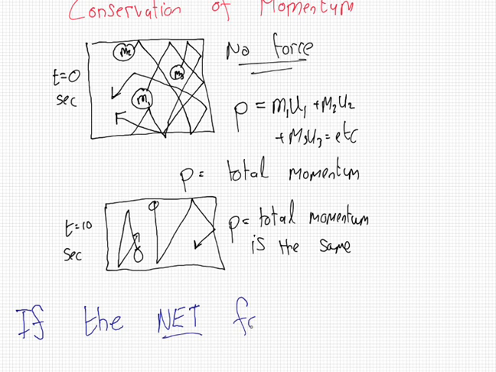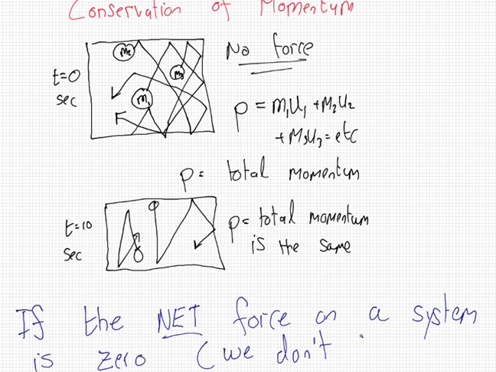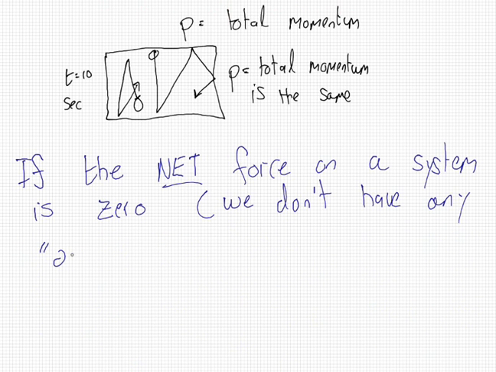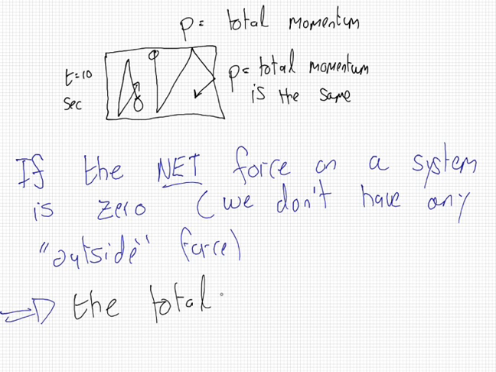If the net force on a system is 0, so in other words, we don't have any outside force, then the total momentum is constant.